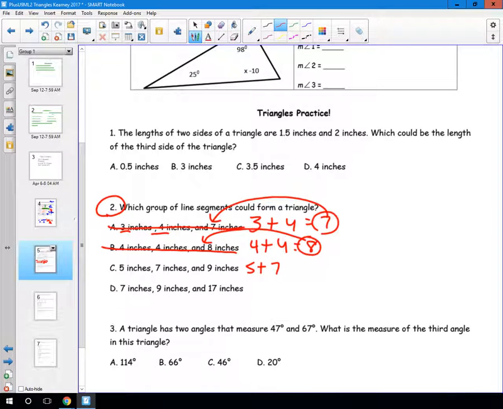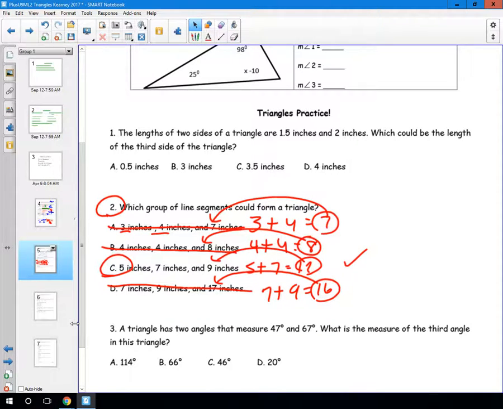If I add 5 plus 7, I get 12. Is 12 greater than 9? Yeah. And then let's just check the last one. 7 plus 9 is 16, which is not greater than 17. So my answer has got to be C. Okay? So the two smaller sides must be greater than the longer side.